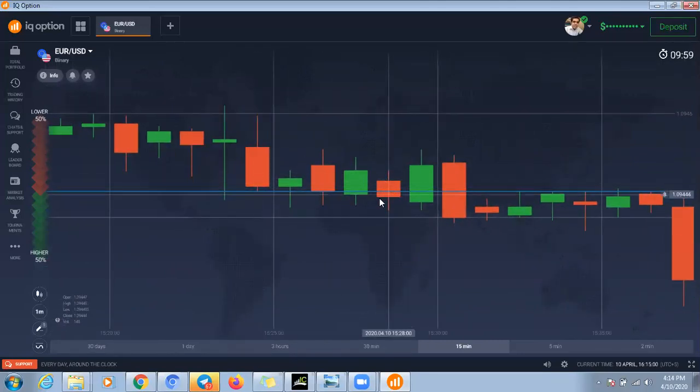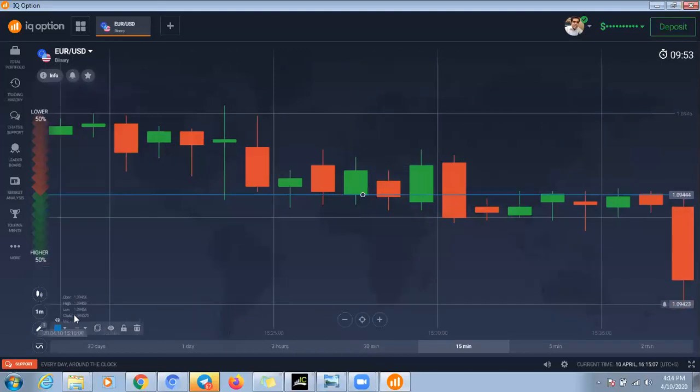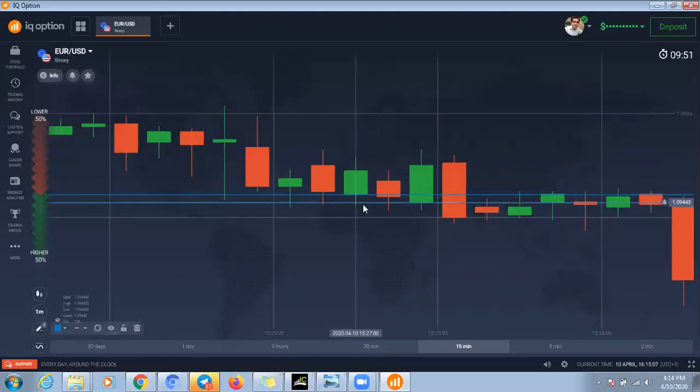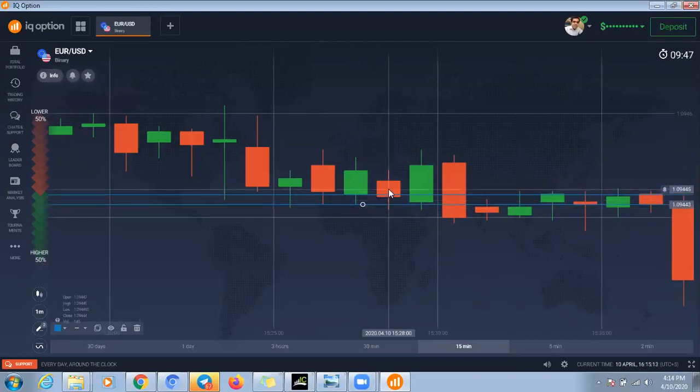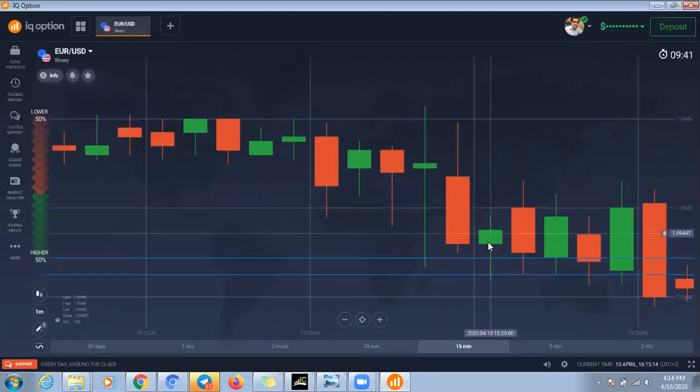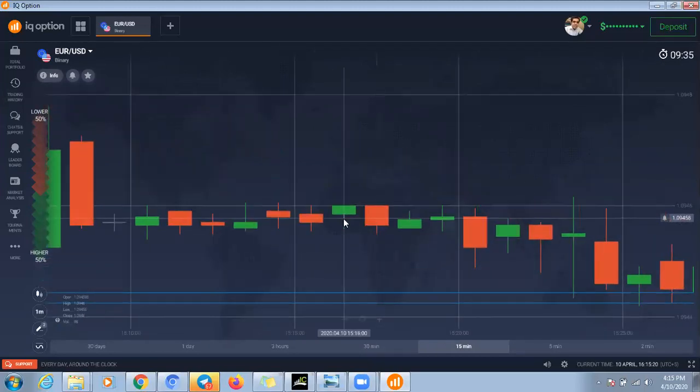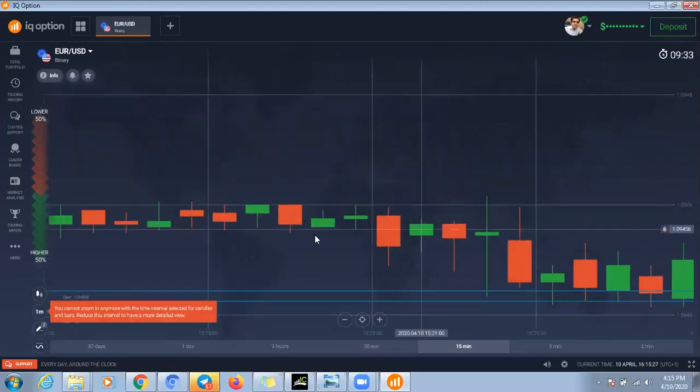If we say this is a high wave candle, it's not a spinning top, but here we find a support level. It means this candlestick rejected from this support level. That's why this candlestick goes up. This is not a spinning top, this is a high wave candle. And this is not a spinning top either, because one wick is shorter and the other wick is longer. We can say this is the spinning top.